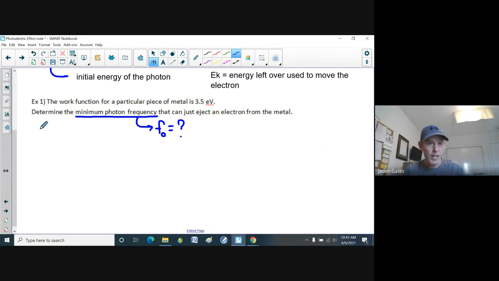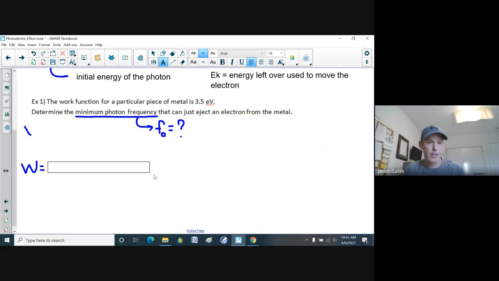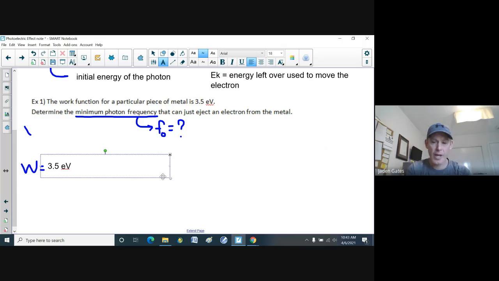Now, our work function that we have is that this particular metal needs 3.5 electron volts. Now, that is no good to us in our formula because they're not standard units. We've got to convert this into joules.